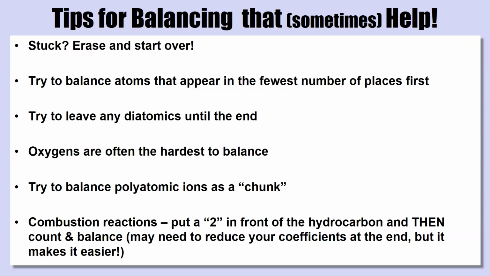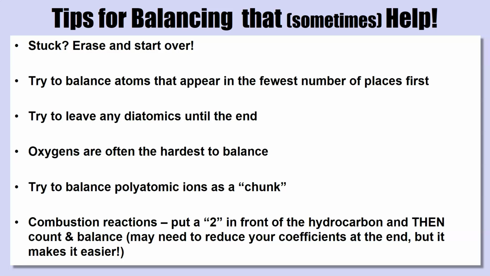The diatomic elements tend to appear in multiple places, and often if you wait until the end, they will end up either getting fixed by themselves, making a change somewhere else will actually fix your diatomics, or it will be one last thing at the very end to change in a very simple way.